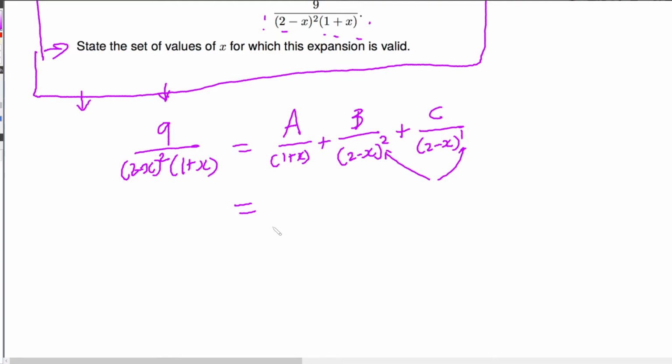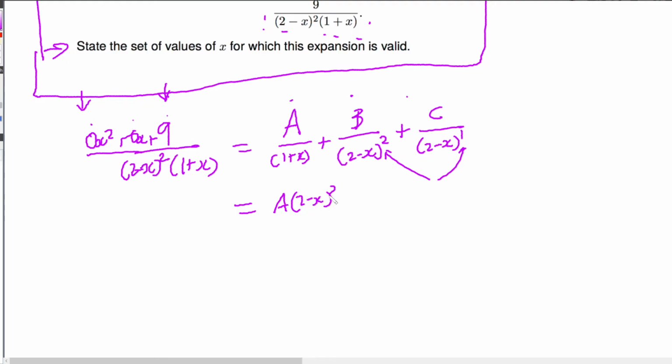And that allows you to figure out, because this is 0x squared plus 0x plus 9, if each of the coefficients here are known, and each of these coefficients that we're about to find out are expressions in terms of a, b, and c, and linear expressions at that, you end up with a system of linear equations that you can solve for the values of a, b, and c. So let's just do that.